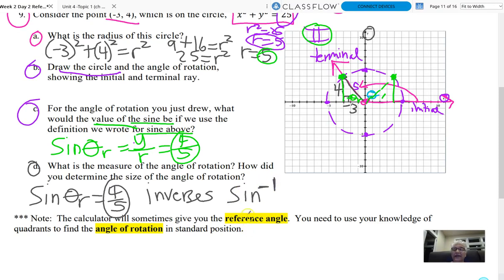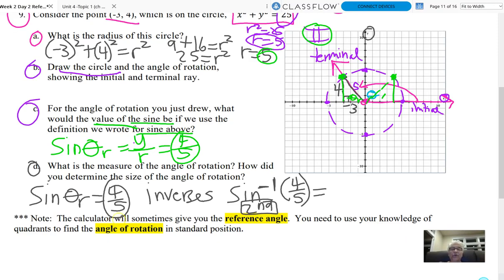In your calculator, you hit the second button and then sine, and then in the parentheses you put 4/5, and your calculator is going to spit out an angle measurement. Let me see if I can call up my calculator. It looks like it's going to take a minute to load.